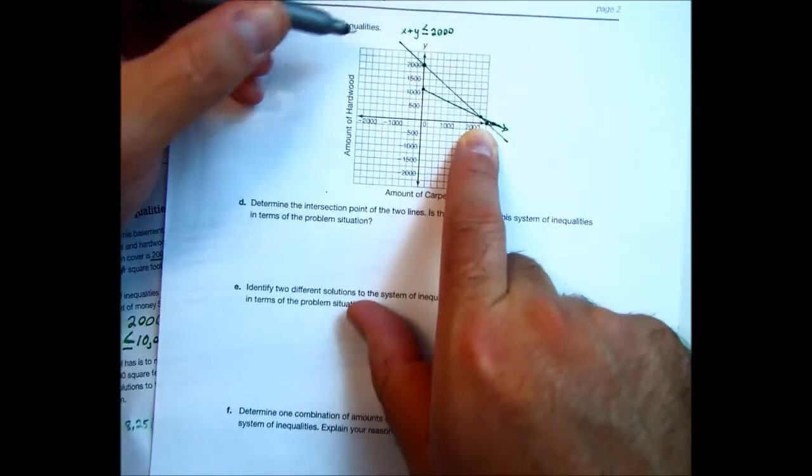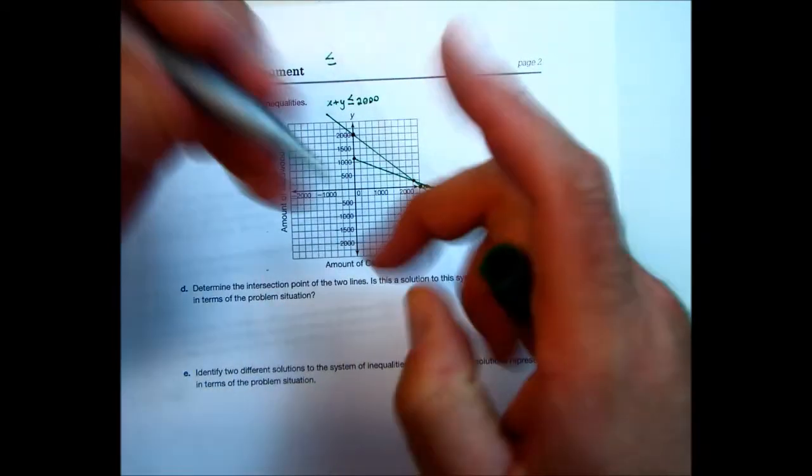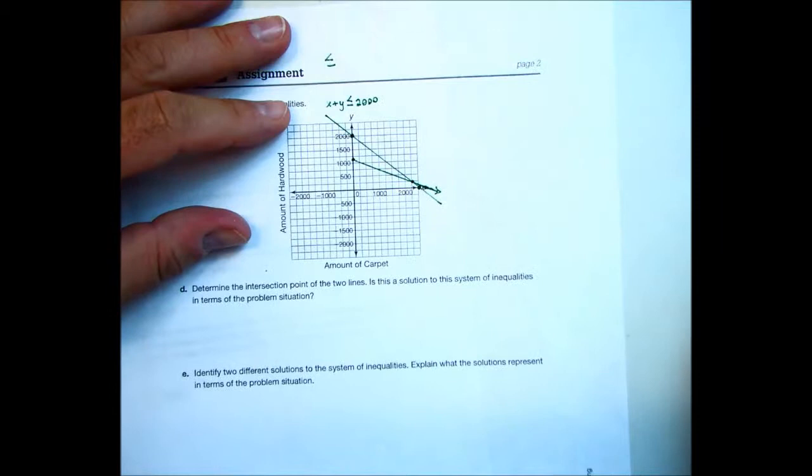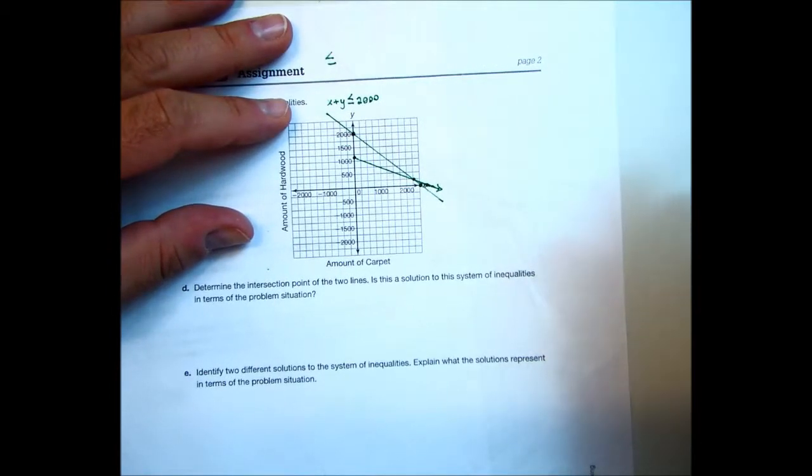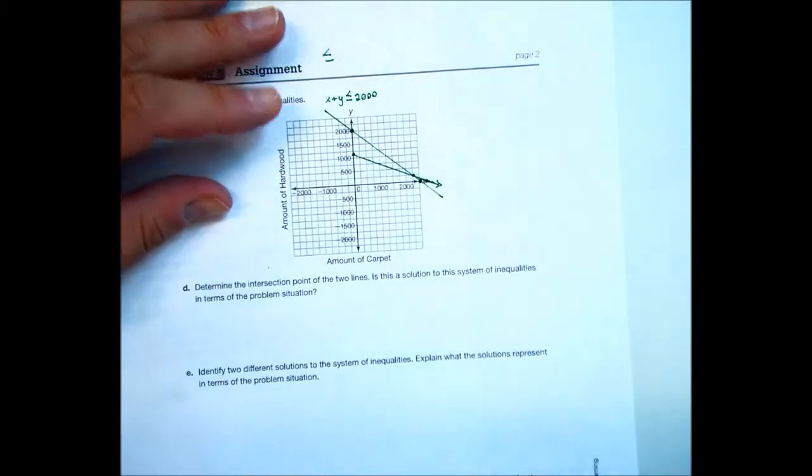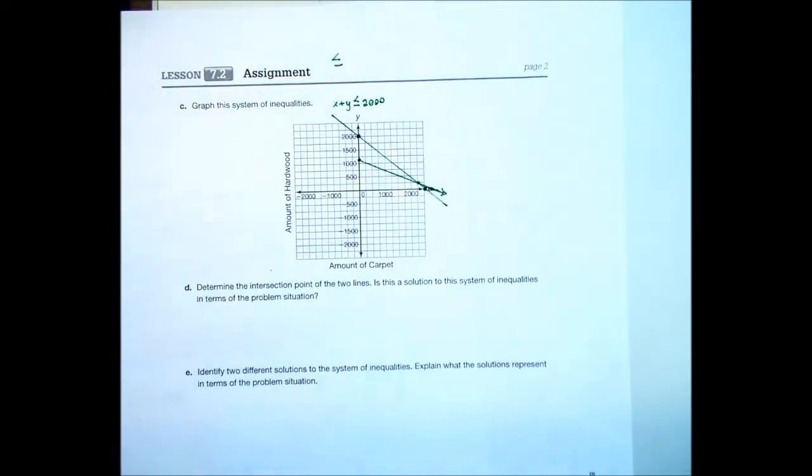So now we put in our zeros and see where our shading is. You're going to want two different color highlighters. So I'm going to try and do this with two different color highlighters.